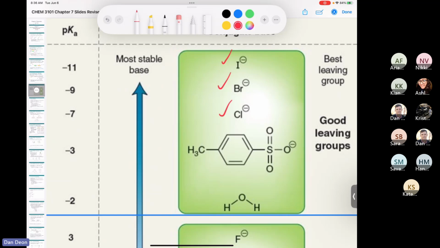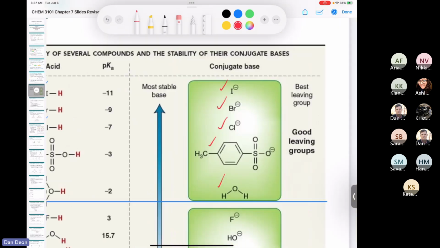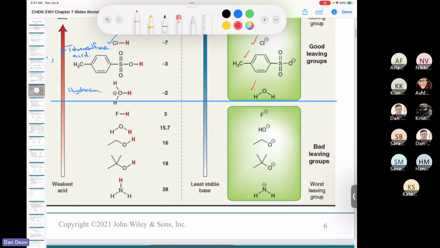So we would call this para-toluene sulfonate. Okay, you could just call it a sulfonate if you want. And then water is a good leaving group, right? It's the conjugate base of hydronium. Notice that HF is not a strong acid, okay? It is not a strong acid. It is considered a weak acid. And so fluoride is a crappy leaving group, pardon my language, right?